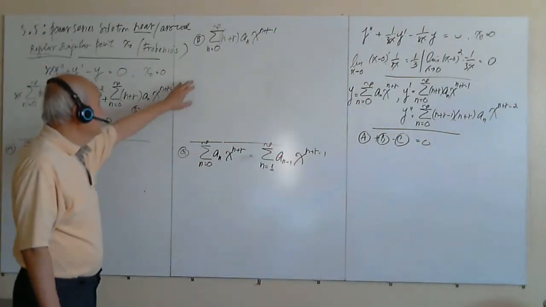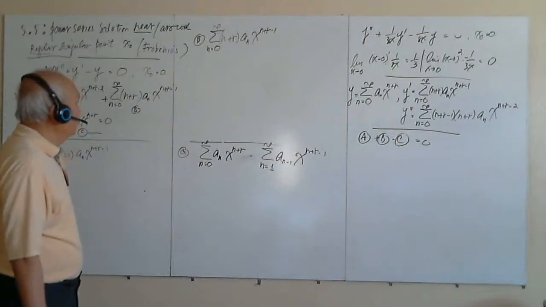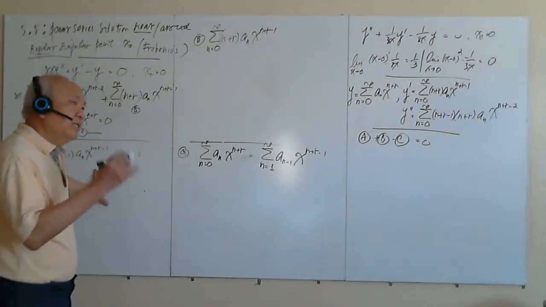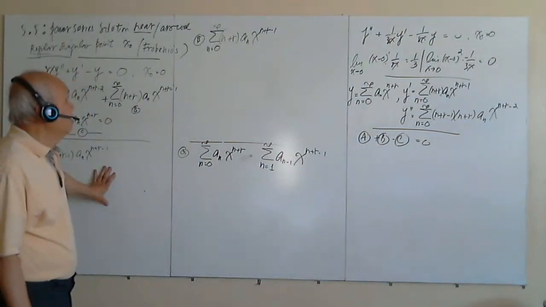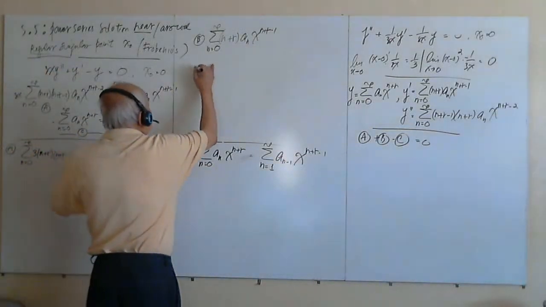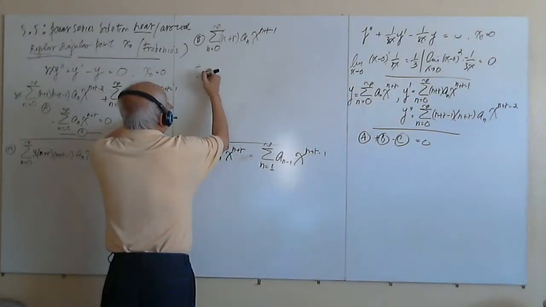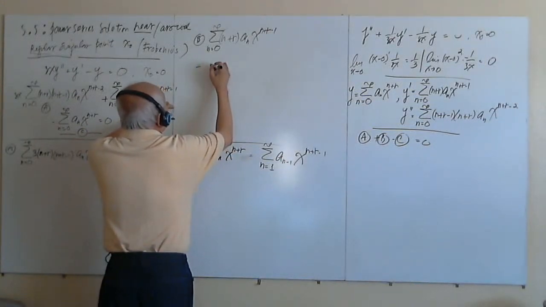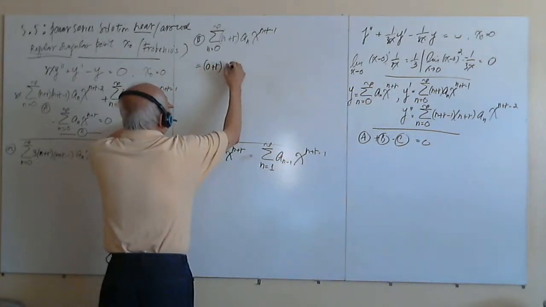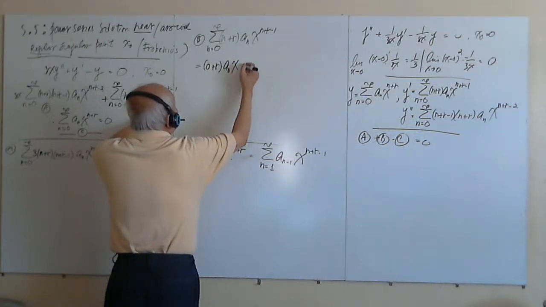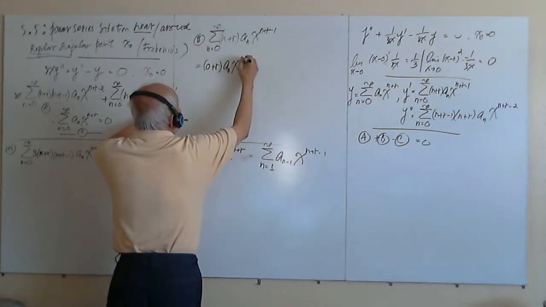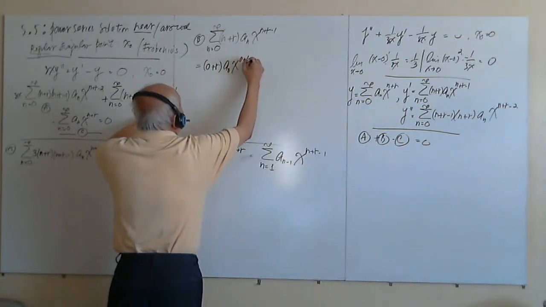Instead of starting from 0 here, I'm going to start from 1. So in that case, I'm going to shade one of the terms outside of the sigma sum. So this one can be the same thing as 0 plus r, and then a sub 0, and then x to the 0 plus r minus 1.